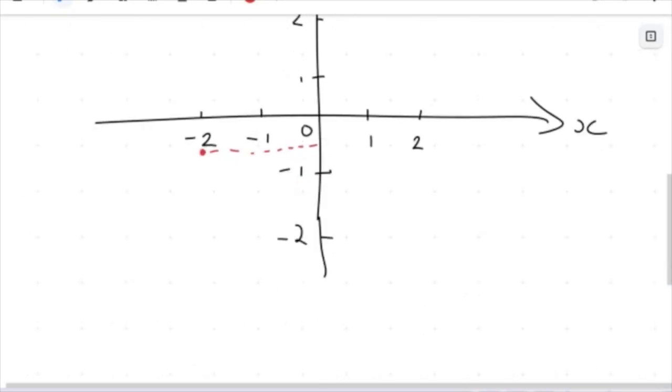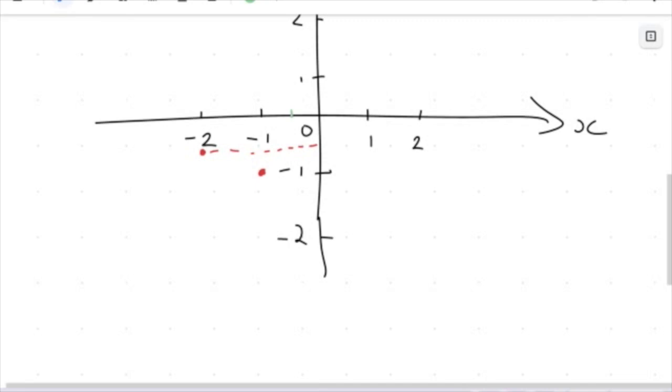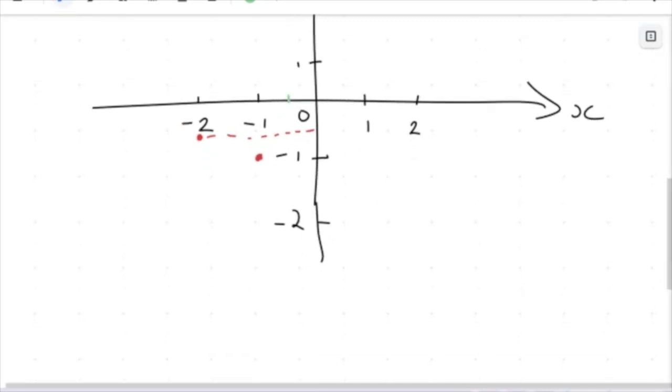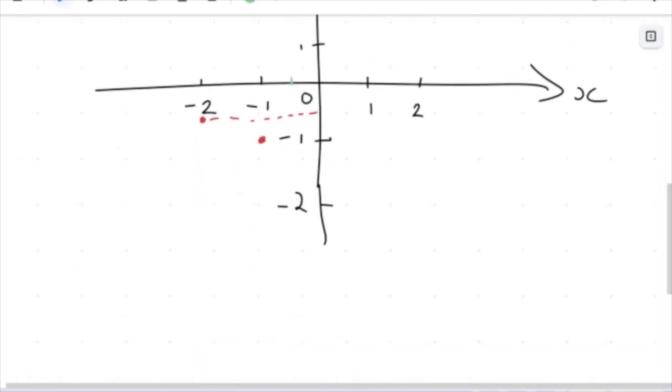So that's down here. When x equals -1/2, in between 0 and -1, y equals -2. And we're going to get this point here.